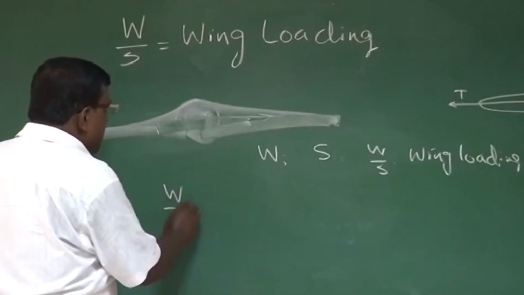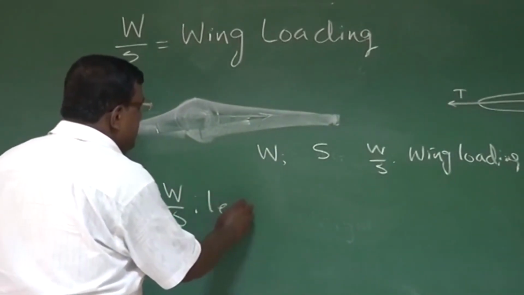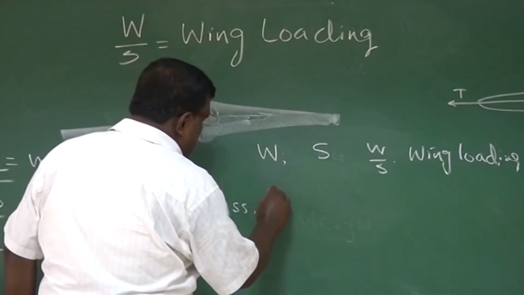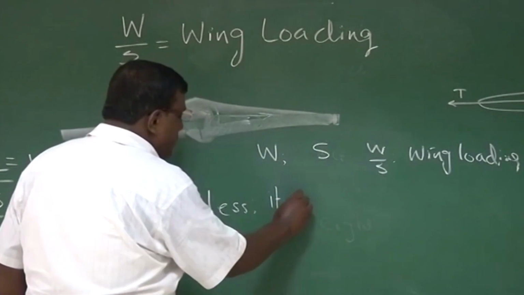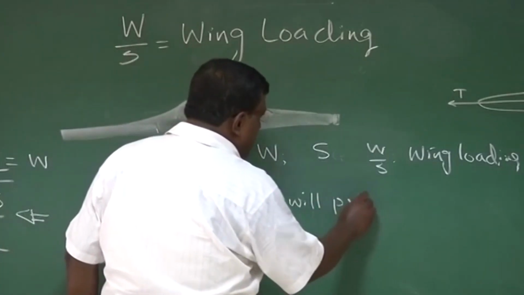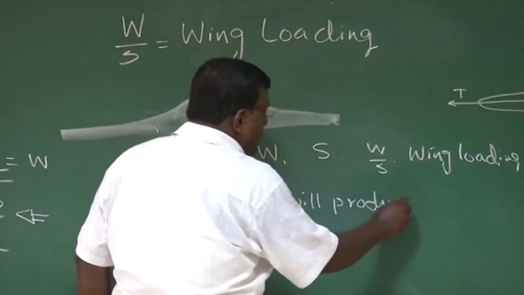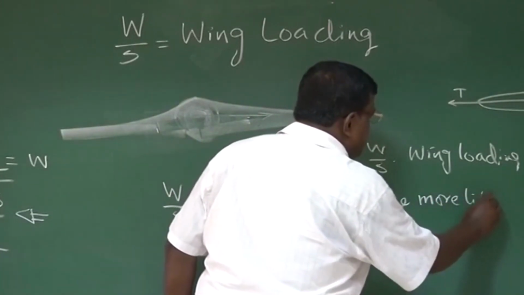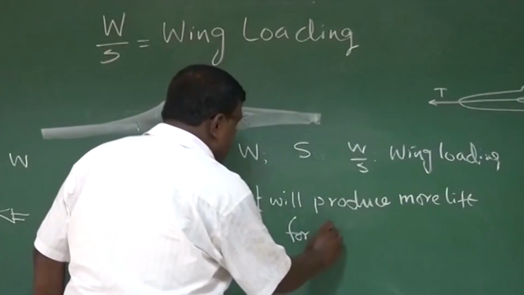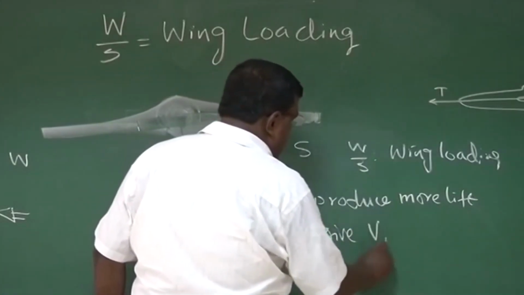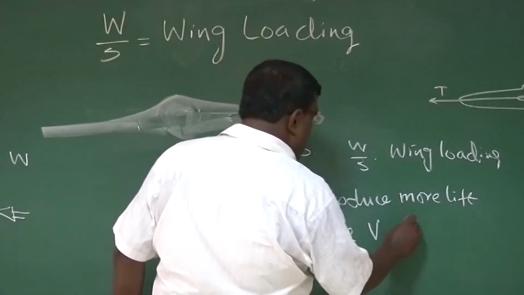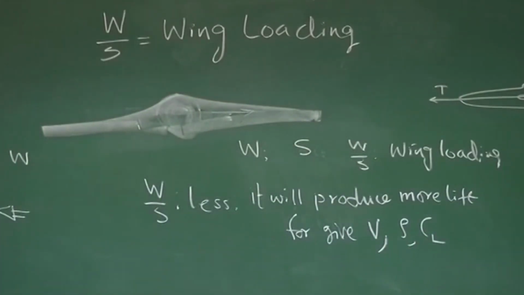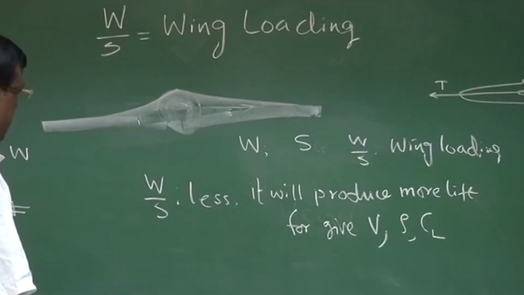So W by S less means it will produce more lift for a given V, rho and CL.